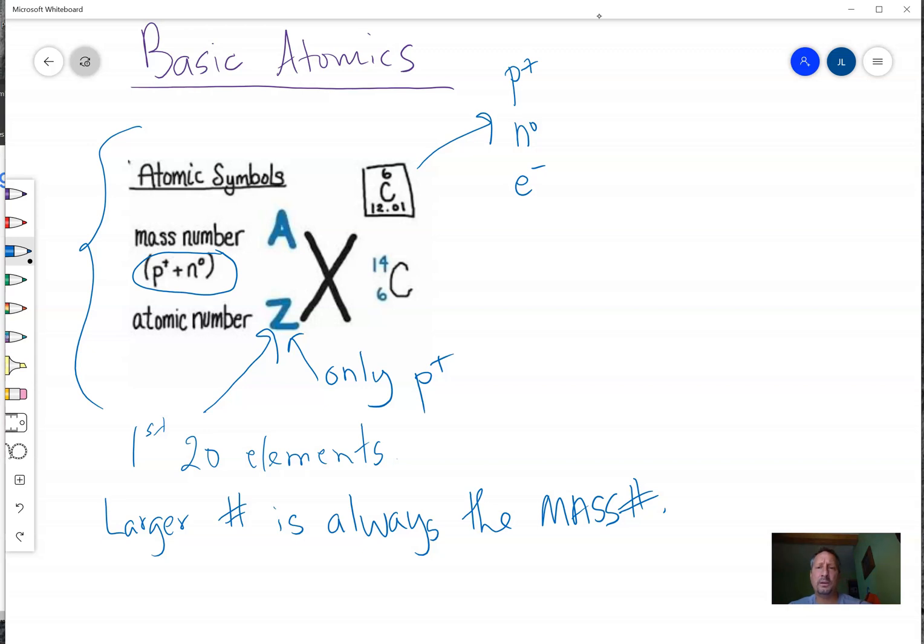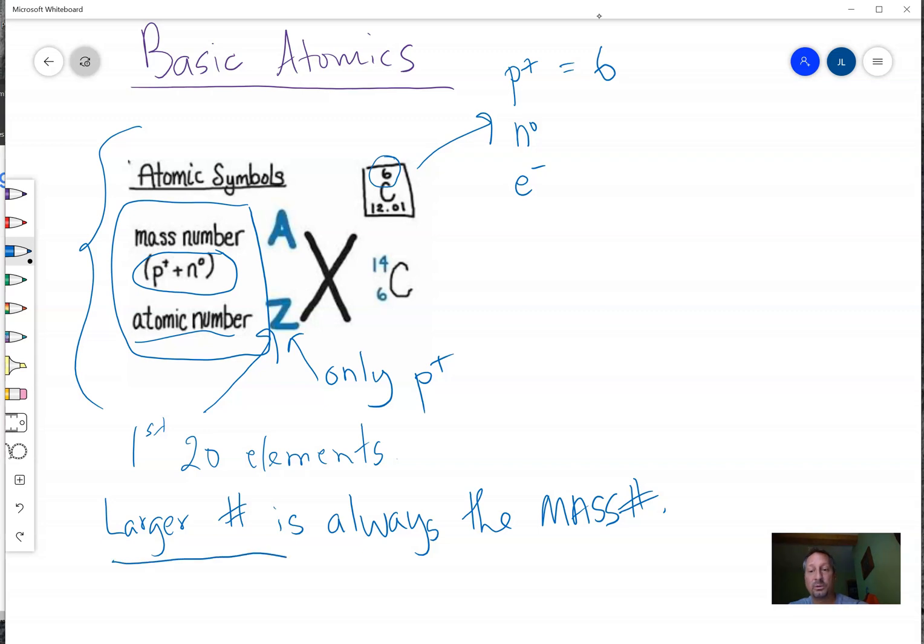But how do we find the numbers? Well, you should be able to logically do it. I usually have kids logically deduce it, and many kids can do this. If the atomic number is the number of protons, take 5 seconds. Guess. You didn't guess. The atomic number is the 6 because it's the smaller number.